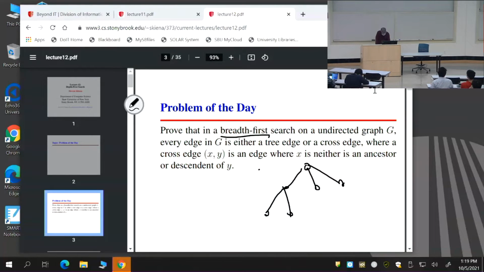Let's say I'll have it look like this. Is it possible that when I explore this vertex, which is the last one that I'm exploring, and I'm looking at its outgoing edges, that this edge goes to its grandparent? Why or why not?